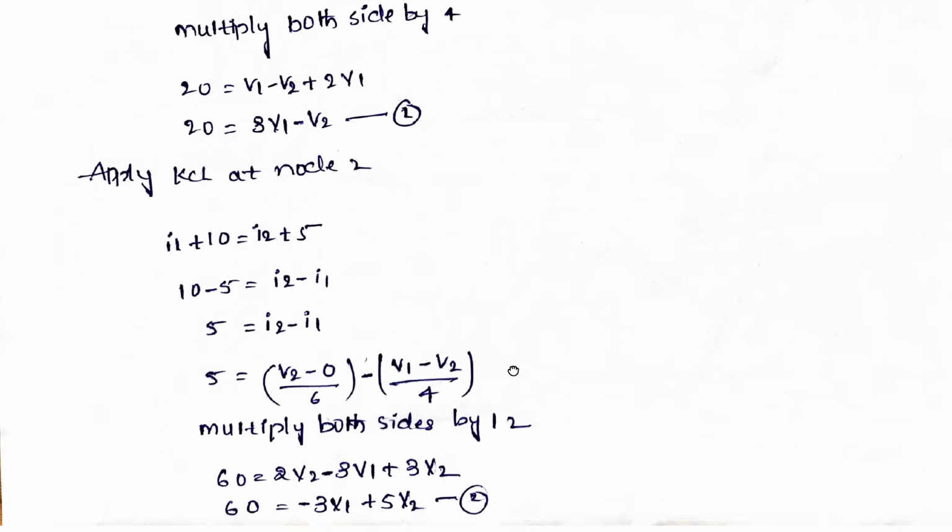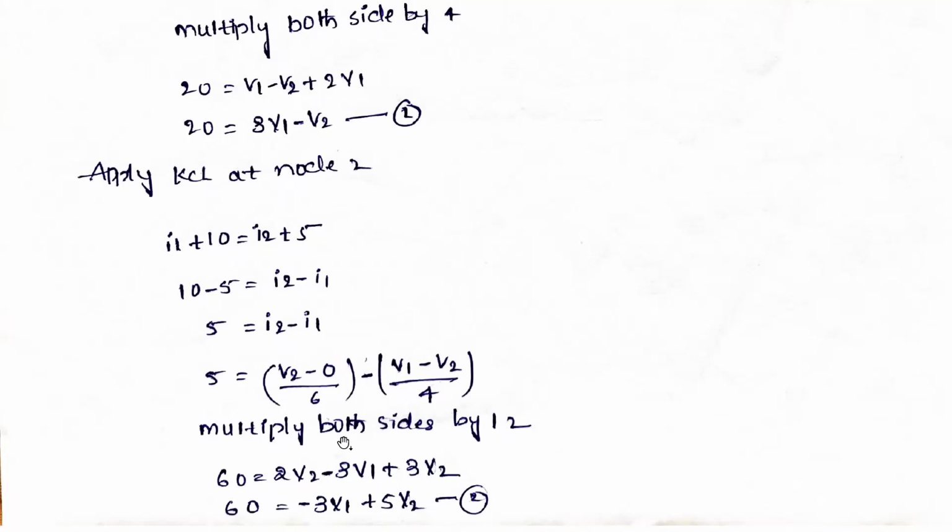Taking the LCM and simplifying, this becomes 60 is equal to minus 3 V1 plus 5 V2. Take this as equation number 2.